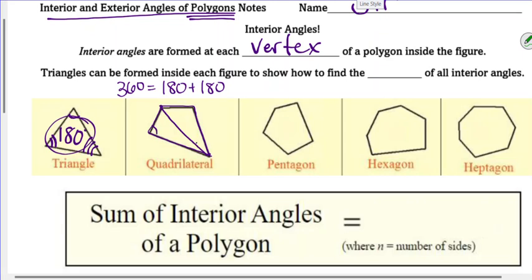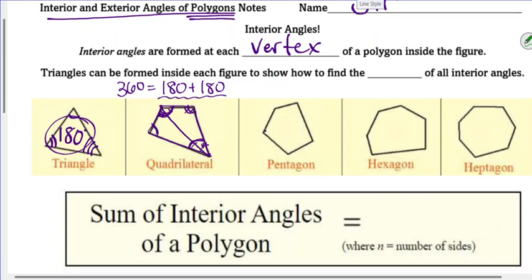This angle and this angle together are 180. This one and this one together are also 180. These two combine to make that angle in the quadrilateral, these two combine to make that one, and together those four angles make up the quadrilateral, which was just 180 plus 180, so that's got to be 360.